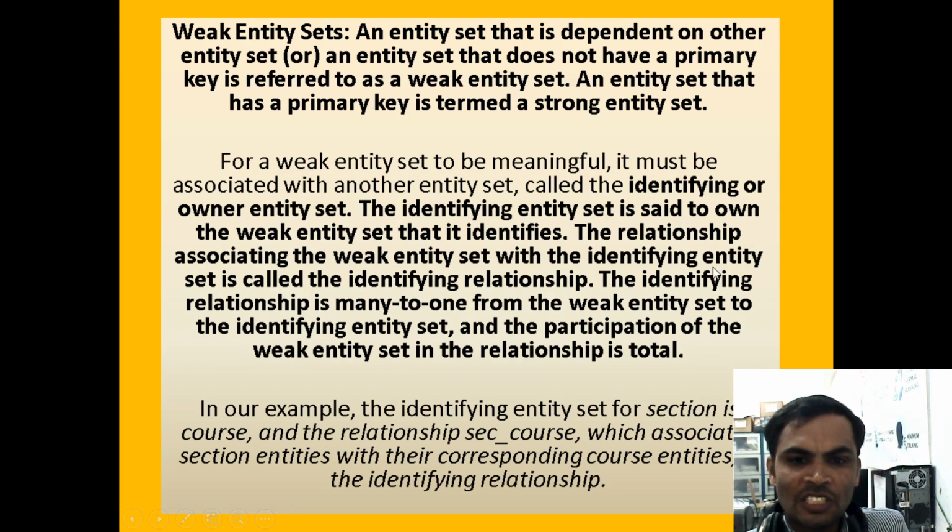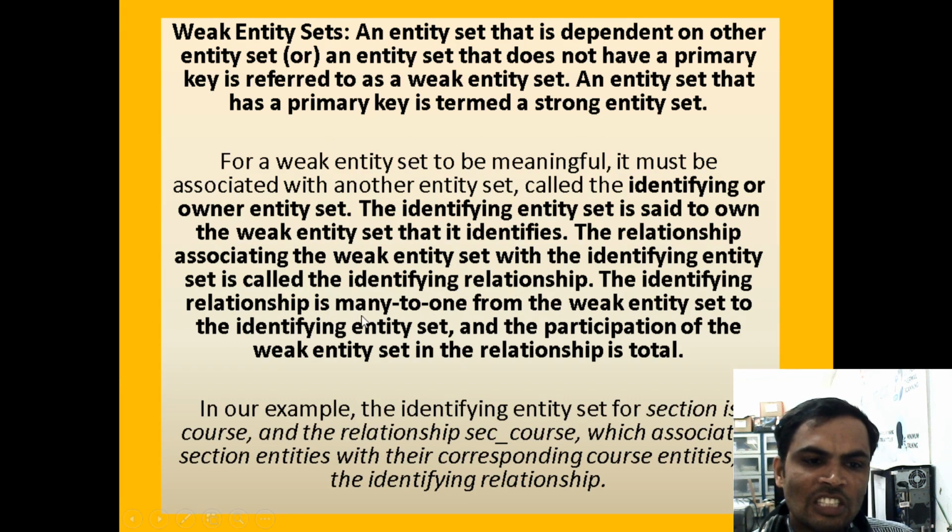The same scenario is described here: the identifying relationship is many to one. Why are we giving this relationship? Under the weak entity set, no primary key will be there. That is the purpose of giving many on the weak side. Coming to the identifying entity set, we give one, because it consists of a primary key.